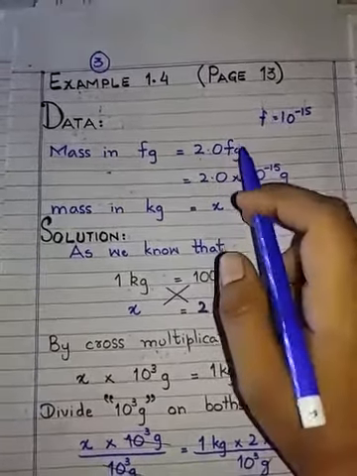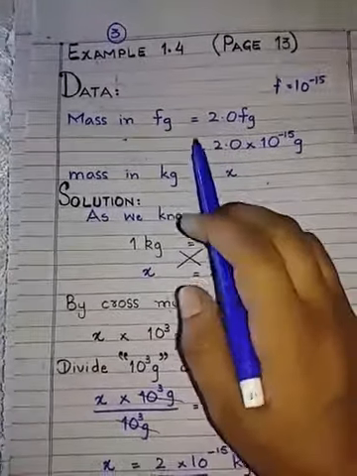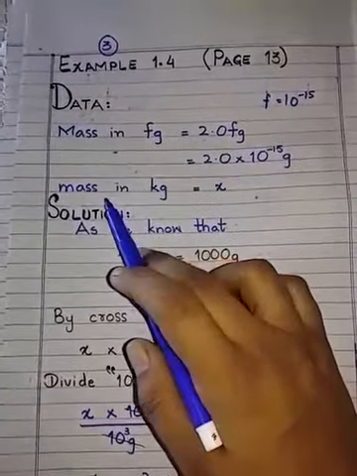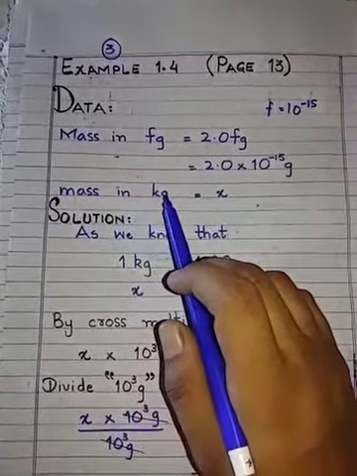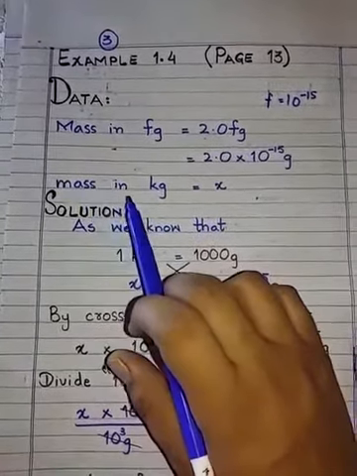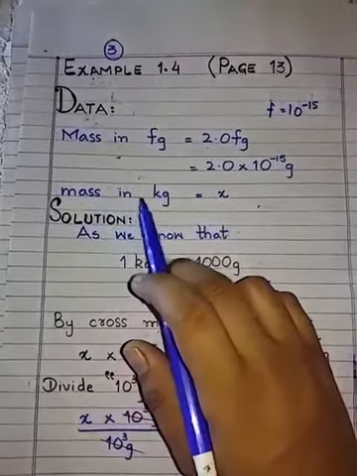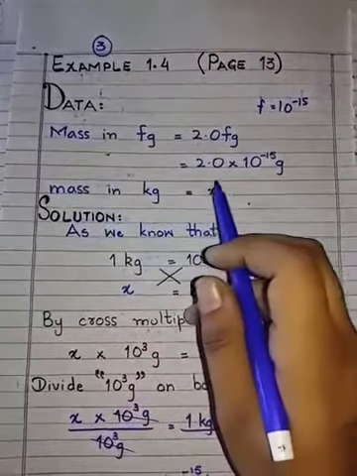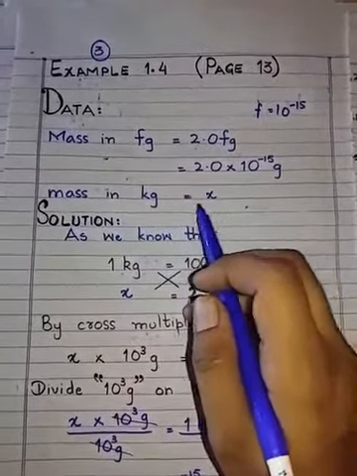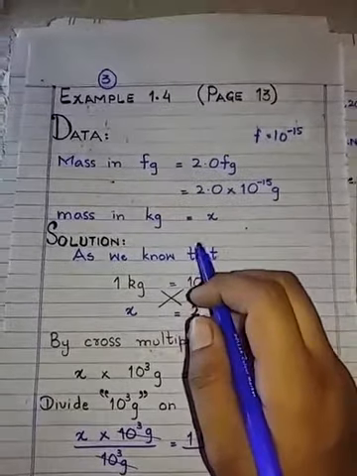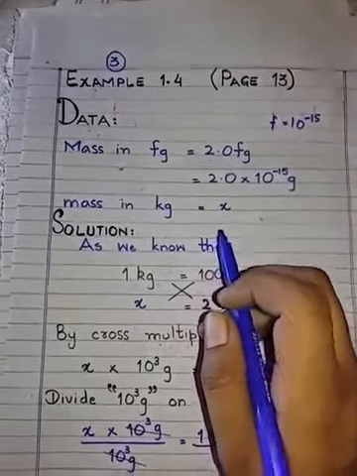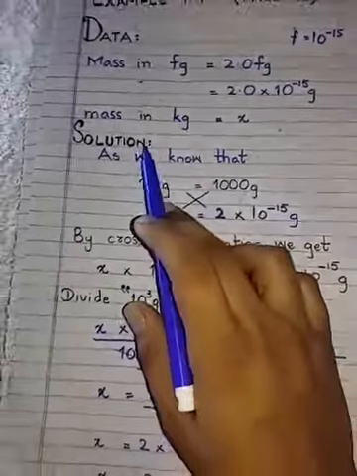Another data which is given in your book is to calculate the mass of a typical bacterium in kilogram. So the mass of a typical bacterium in kilogram is equal to unknown. We will write x for the unknown quantity. Solution, girls.